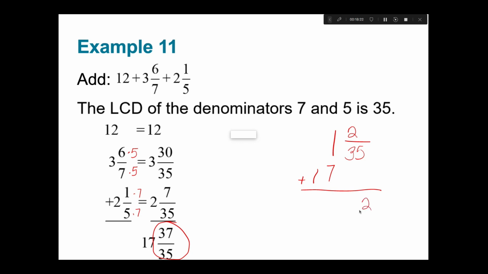My fraction can stay 2/35. And 17 plus this 1 is... So my final answer is 18 2/35. Yep. It's just like an extra step where we have to take that improper fraction and carry it over to our whole number.